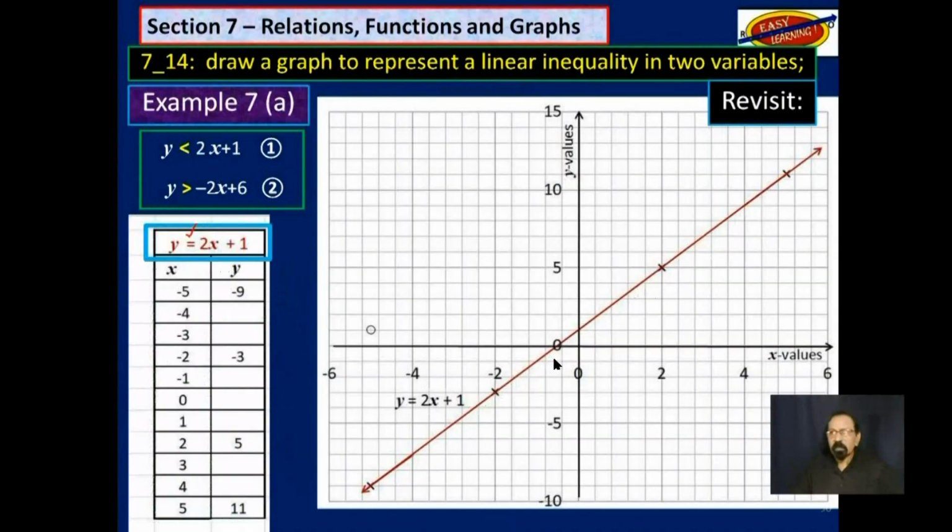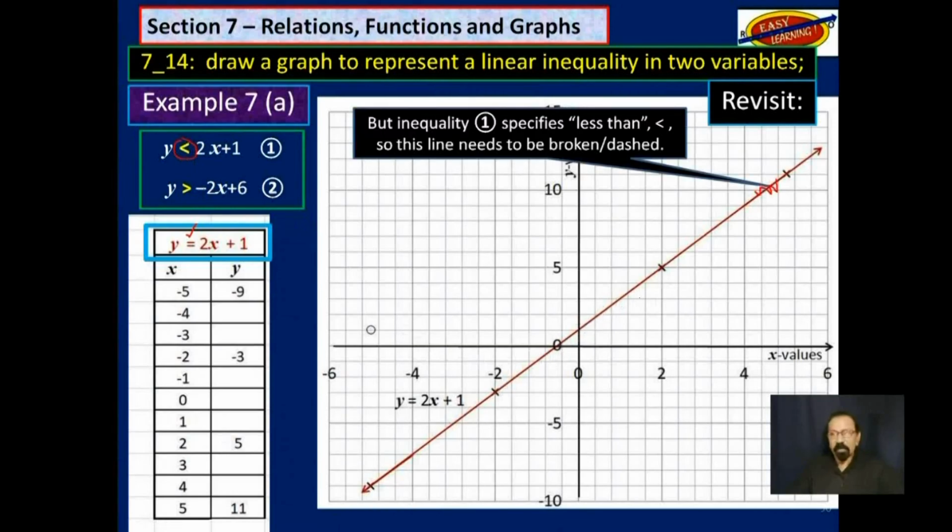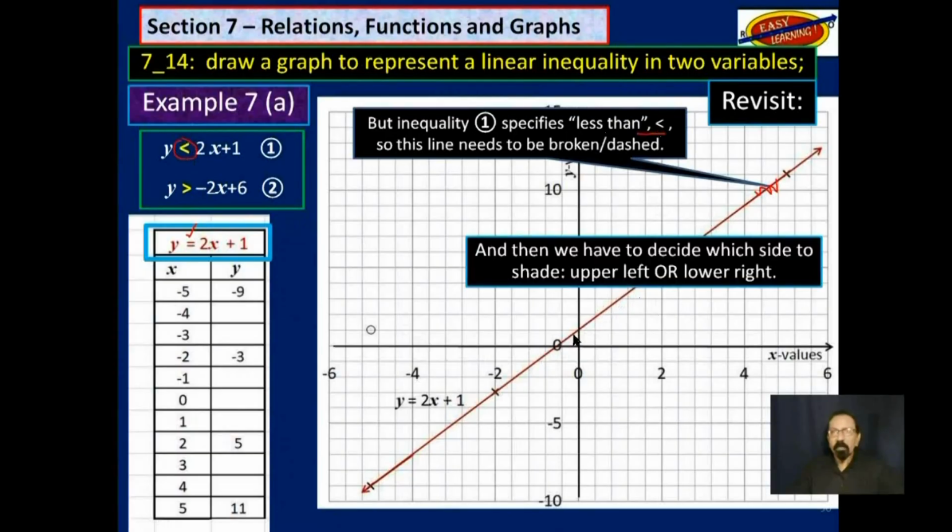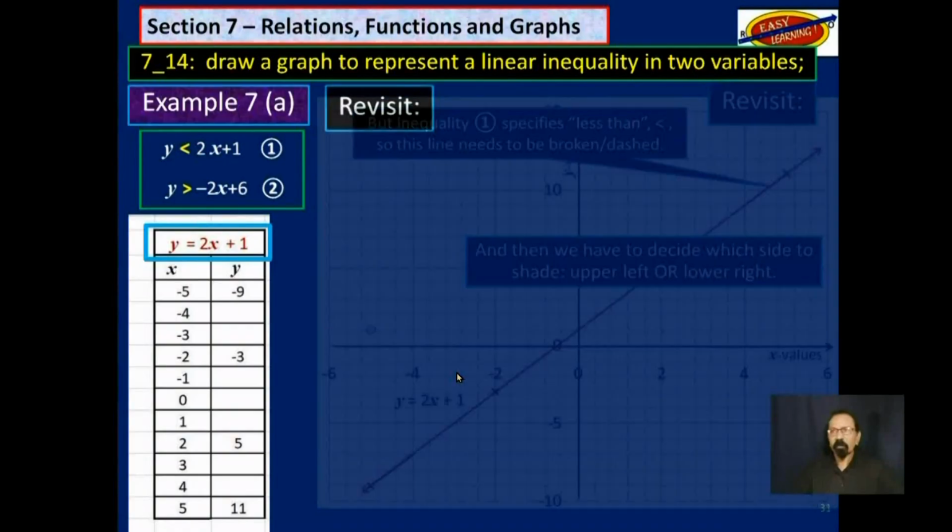But since it says less than, this red line, the solid red line, should actually be a broken line or a dashed line, because it says less than. And once we rectify that, then we will have to decide which side to shade, the upper left over on this side or the lower right over on this side of the line.